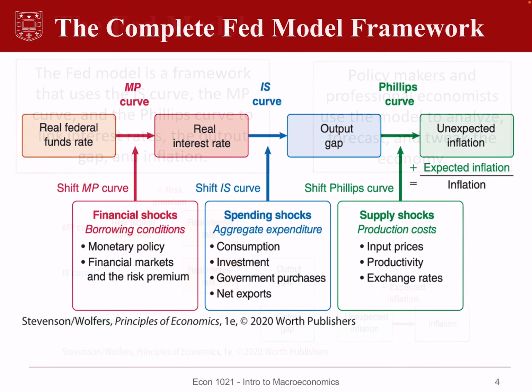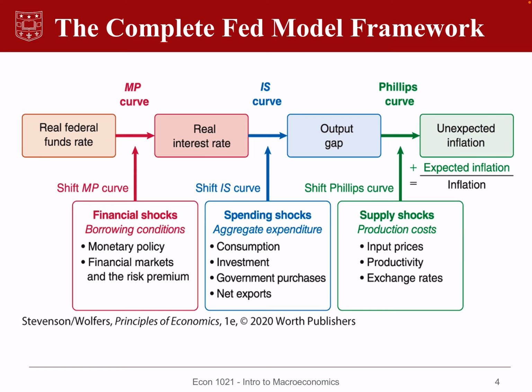So this is just another schematic, again, lifted from the textbook to remind you of how we can use this Fed model for analysis. So we can do this by saying the MP curve might shift, the IS curve might shift, or the Phillips curve might shift.